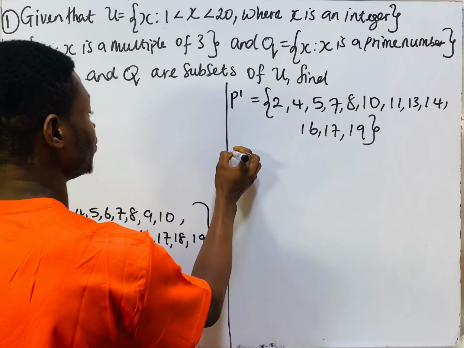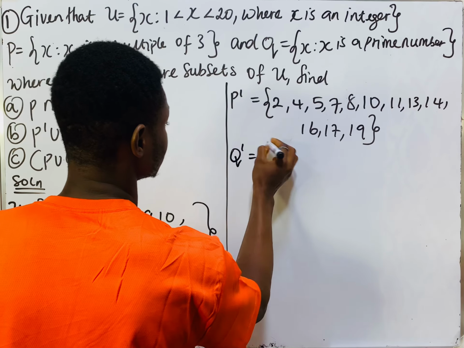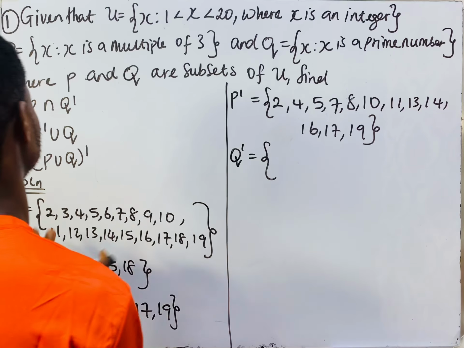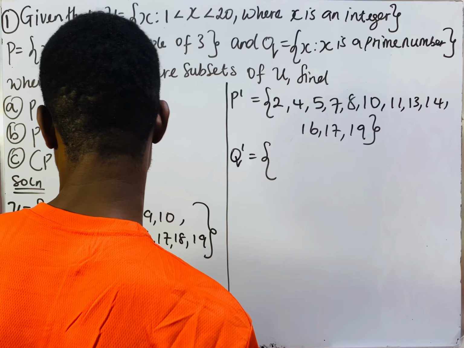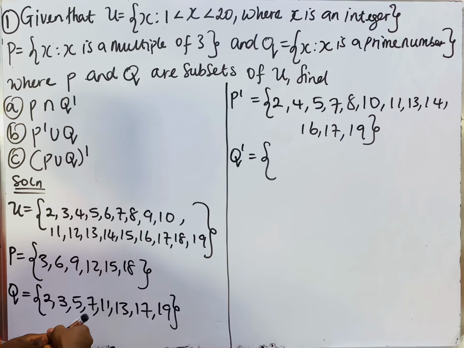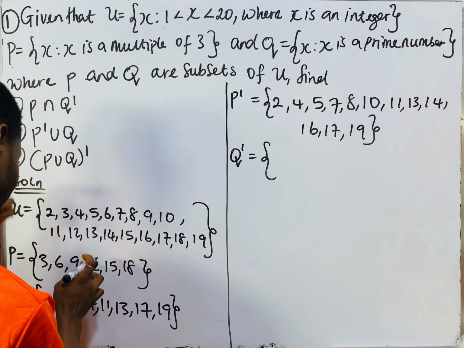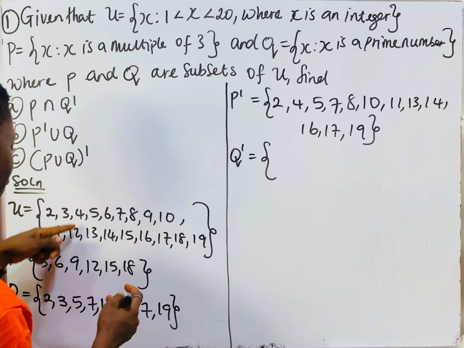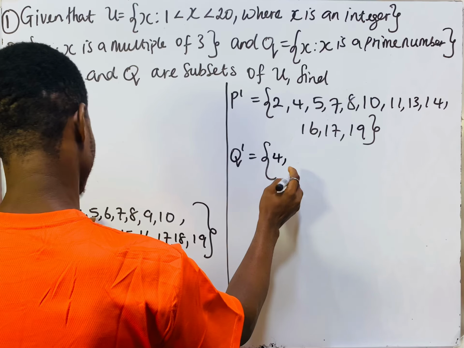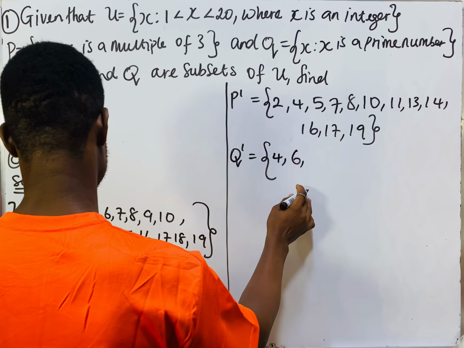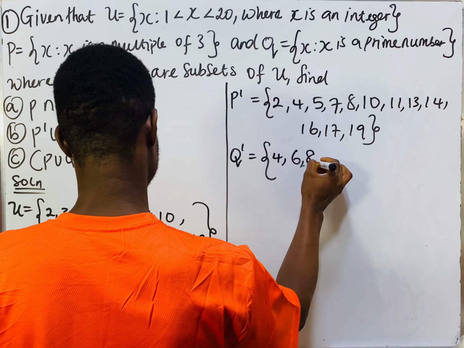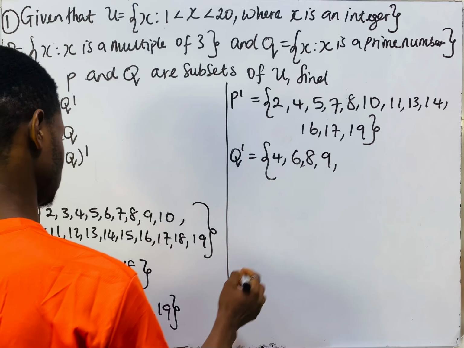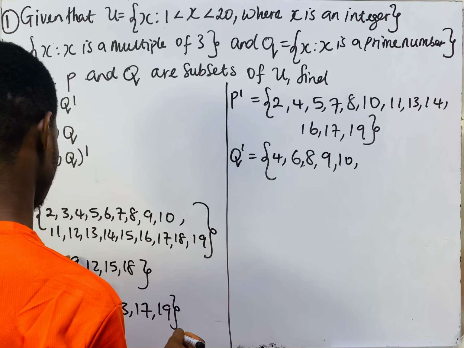Now let's look for Q prime. So our Q prime will now be what? What is in the universal set that is not also here? So we start from 4. 2 is here, so it's not in the prime. 3 is here. So 4, 6, 8, 9, 10. 11 is also here.